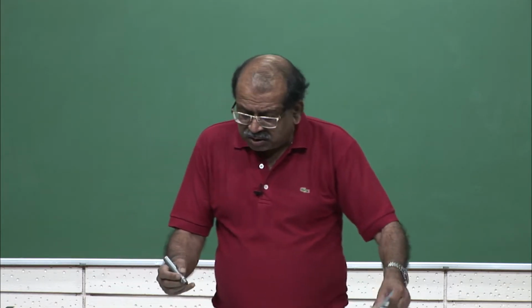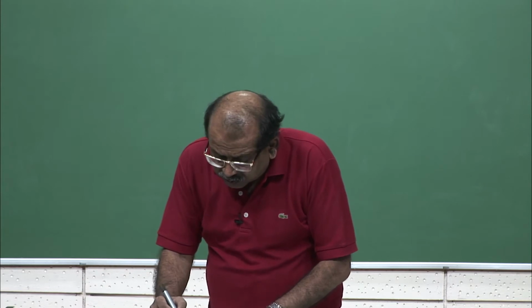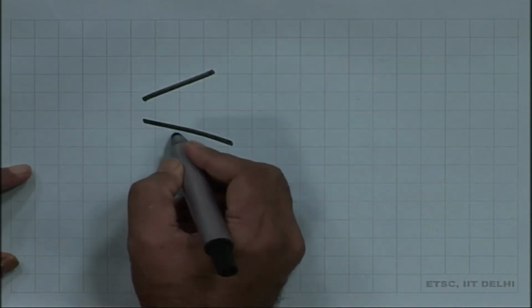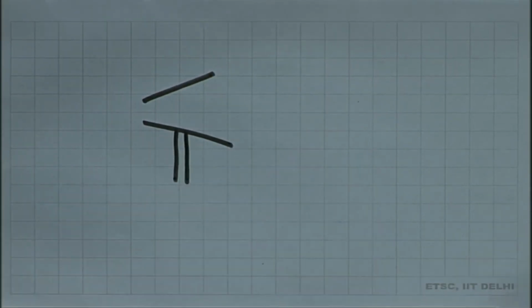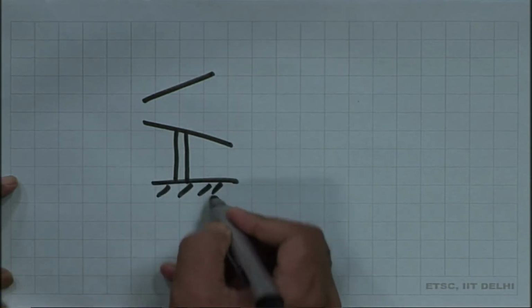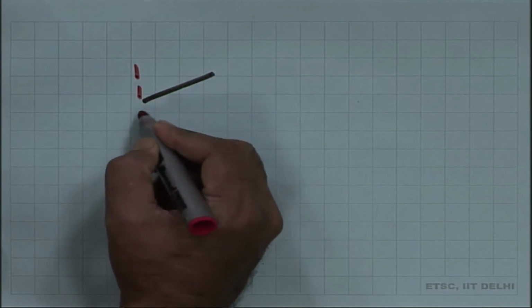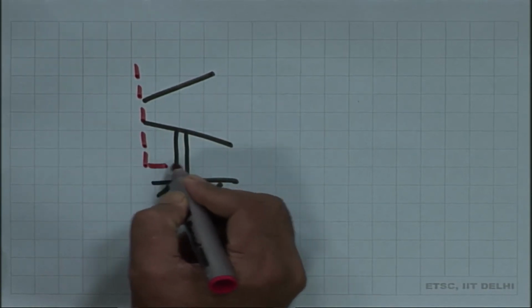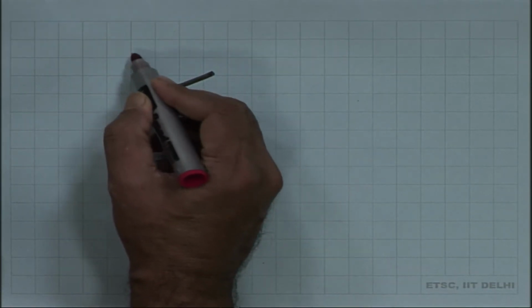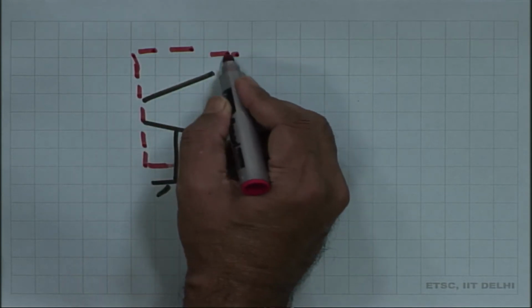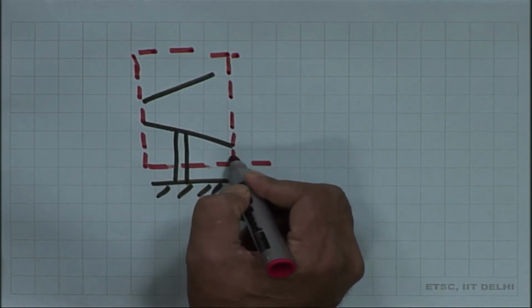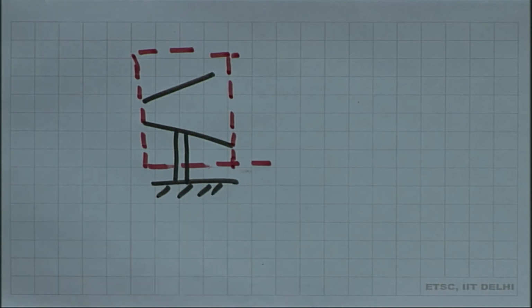Let me now show this. So, this was our problem, this is the flow, and this is mounted on the ground. So, what I do is, I choose a control volume like this.